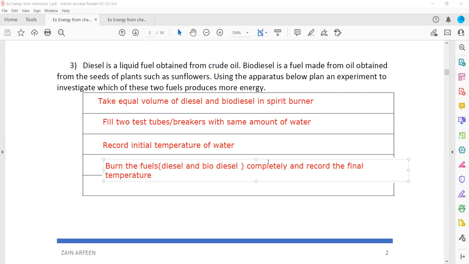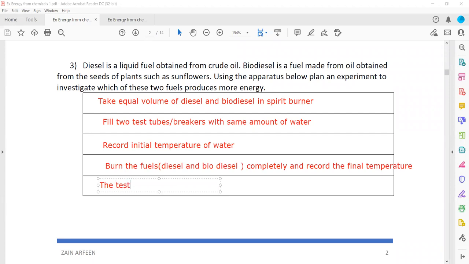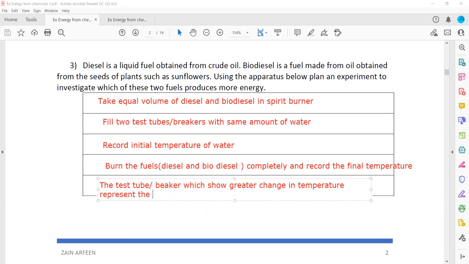So when we burn them completely, we'll record the final temperature. So the test tube or the beaker which shows greater change in temperature represents the liquid or the fuel which produces the most energy.